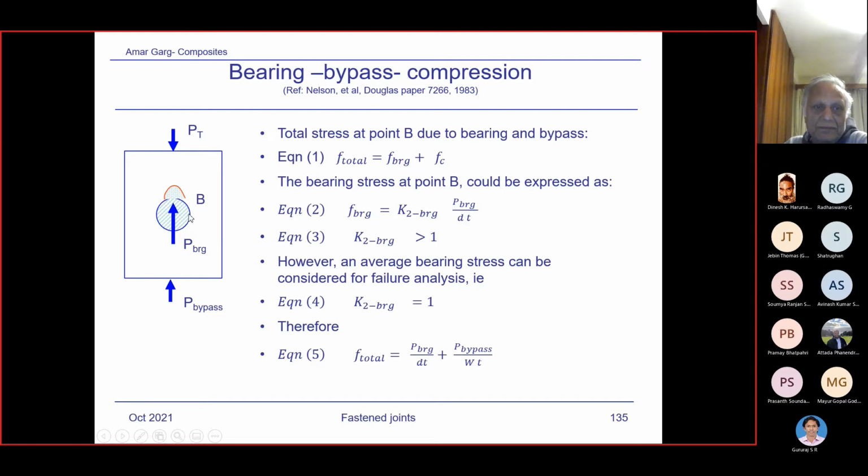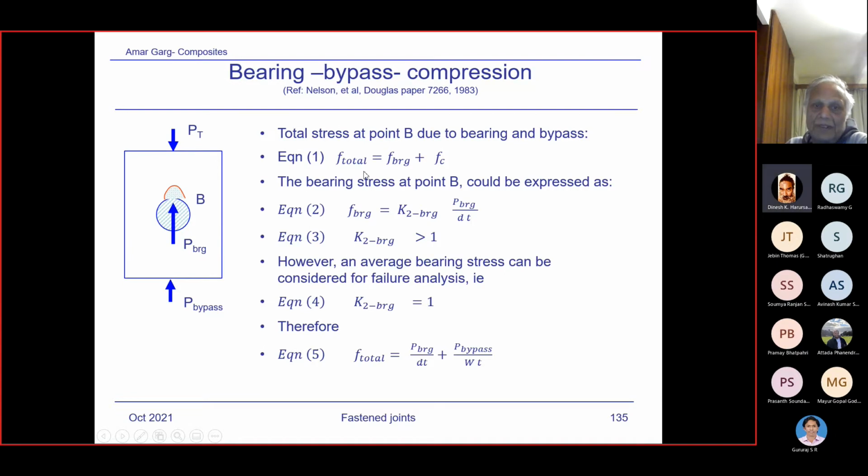for the compression. You have a PT, that is the total load, bypass, and bearing load. So the stress at point B is where the failure occurs. In the case of tension, we said the failure would occur over here under tension load. In compression, this will be the failure point.